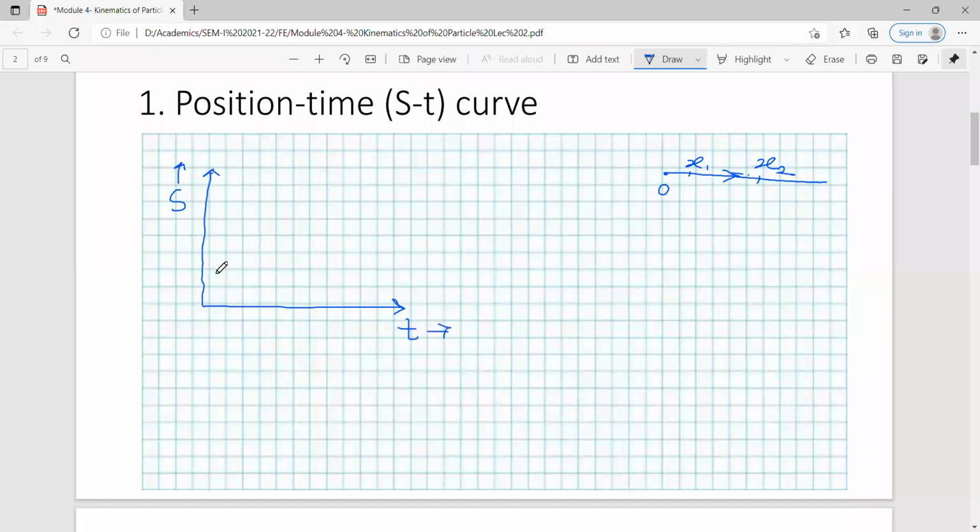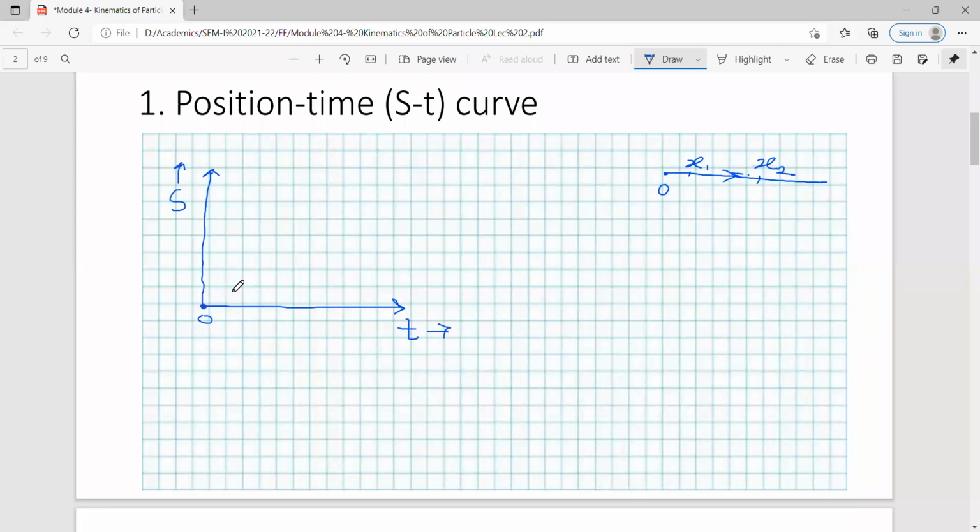From your observation you will find that when time was 0, at that time, say it is the origin point, the displacement of the object was also 0.